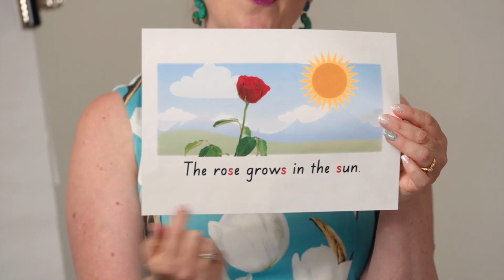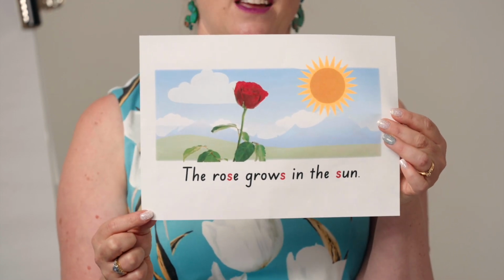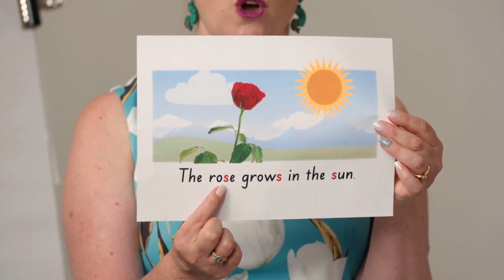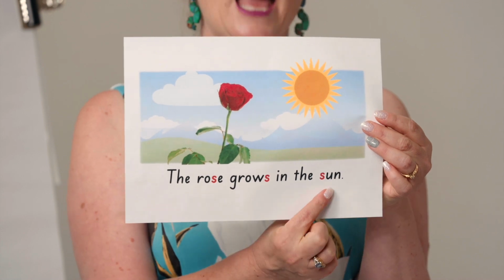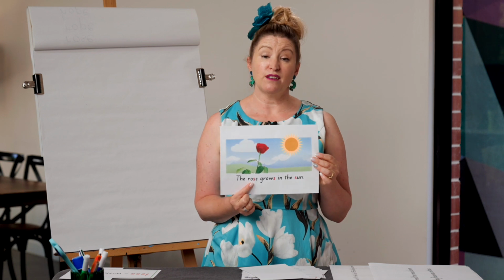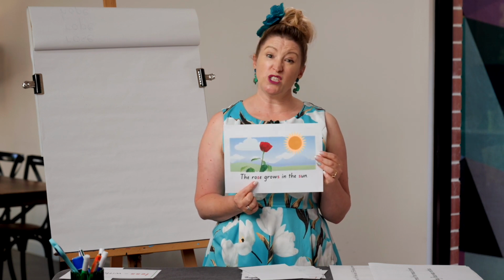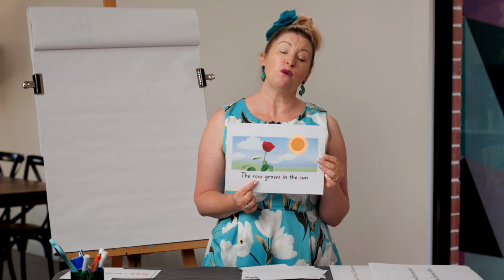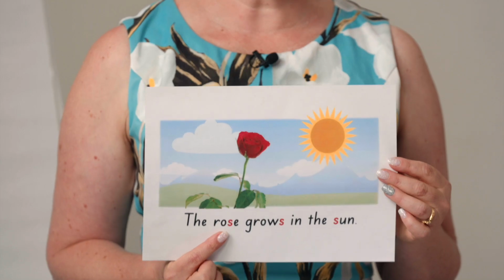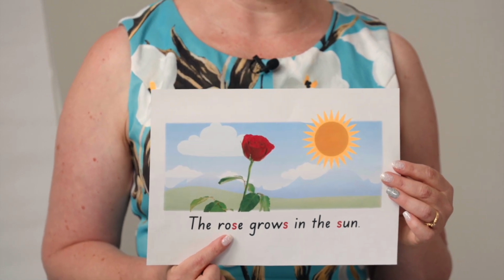This gives us our choices for the phoneme that the S grapheme can make: Z as in rose and grows, and S as in sun. The S grapheme makes the Z phoneme when it's in between two vowels or at the end of a word sometimes. Let's use that S grapheme making the Z phoneme to read and write some words.